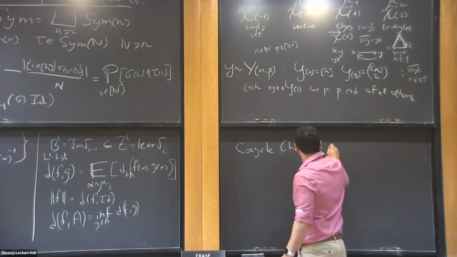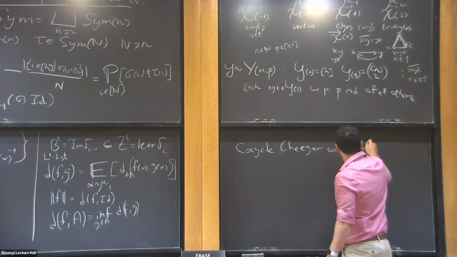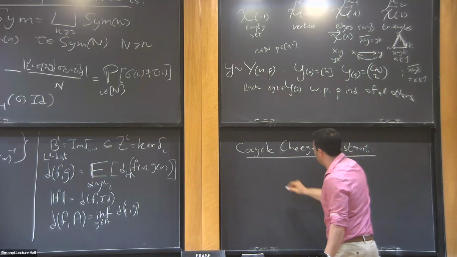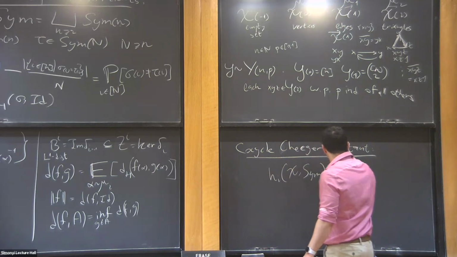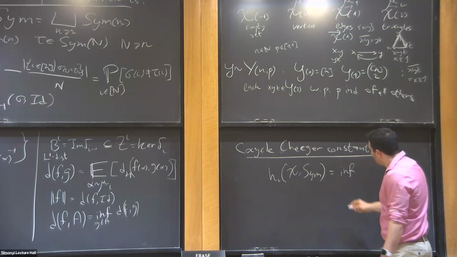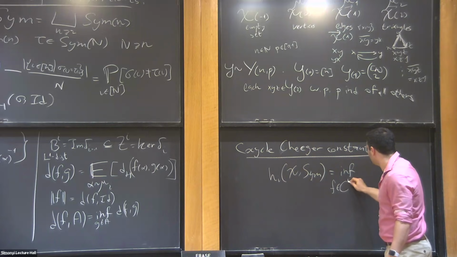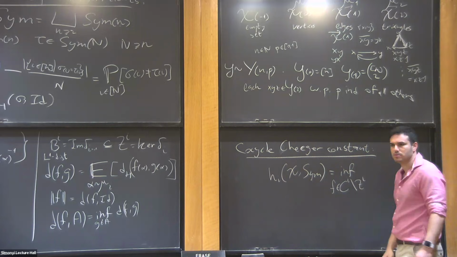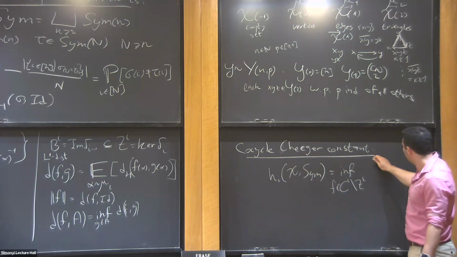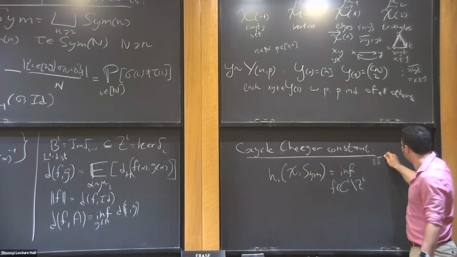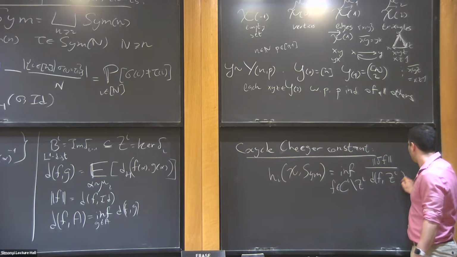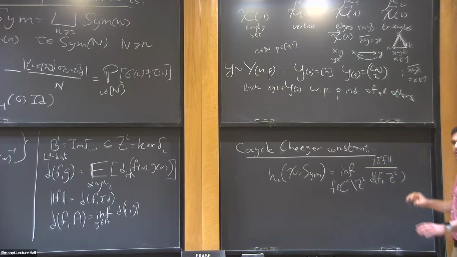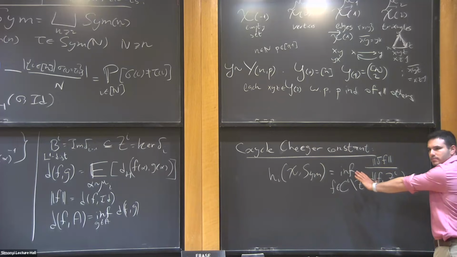So the cocycle Cheeger constant, which I denote by h_i of the complex with permutation coefficients, is the infimum over all f's that are cochains but not cocycles, of the norm of delta of f divided by the distance from f to the i-cocycles. Let's unpack this for a moment.